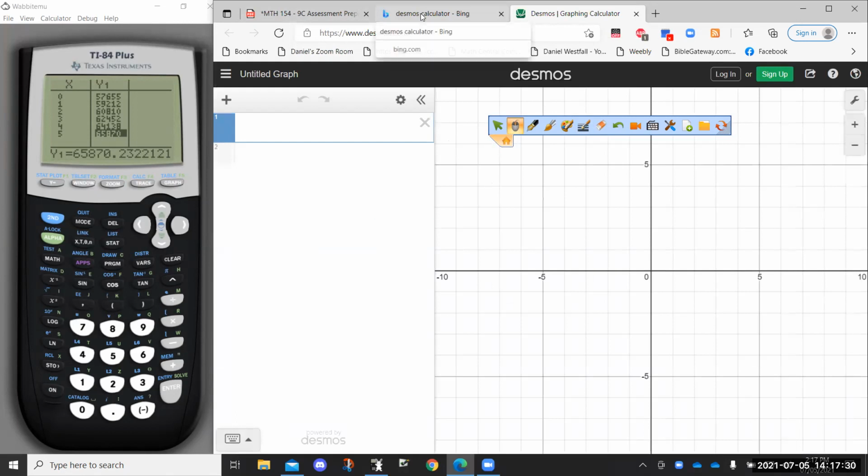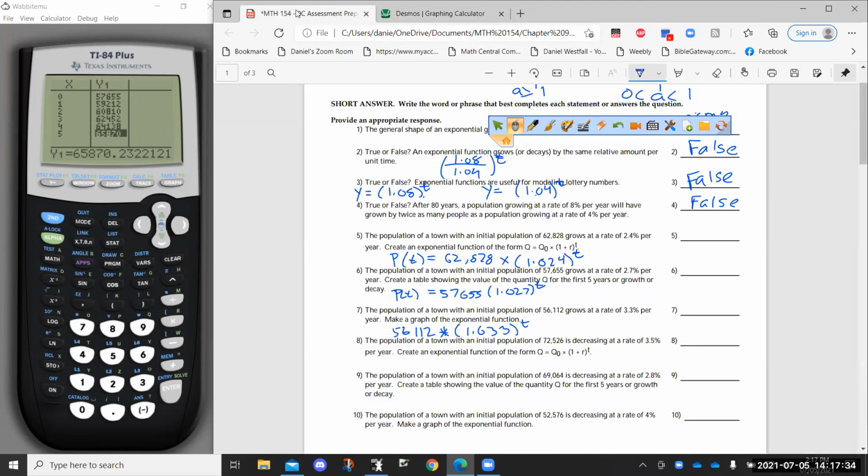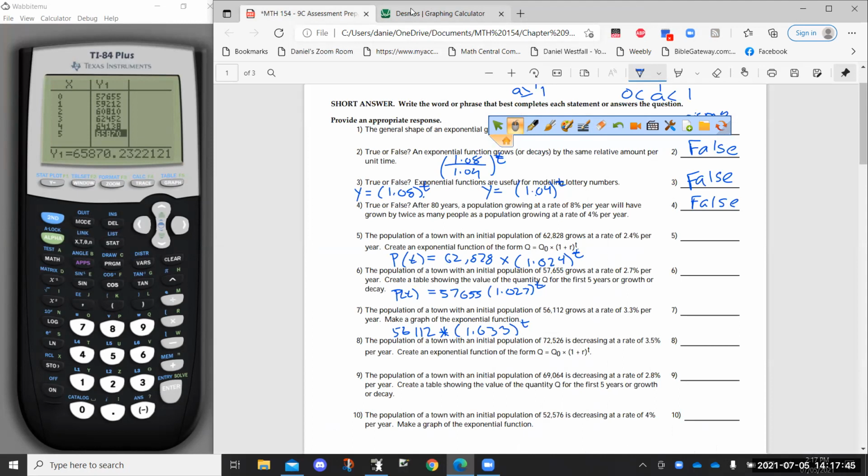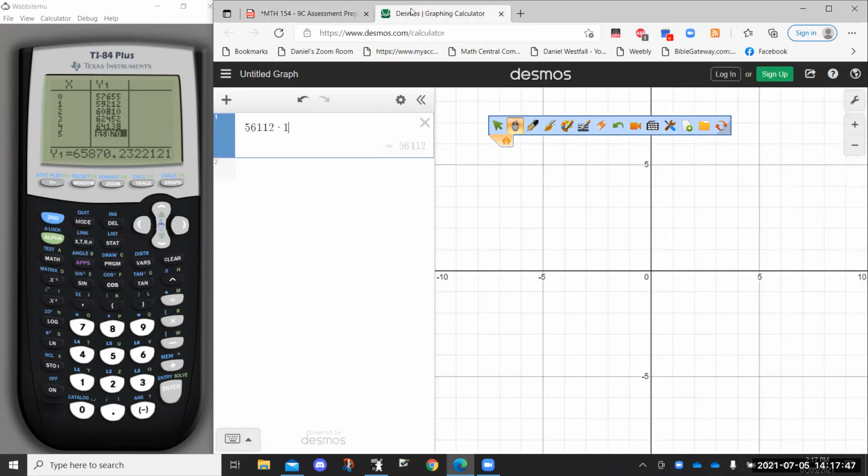Just a second here. I want 56112 times 1.033 raised to the x.